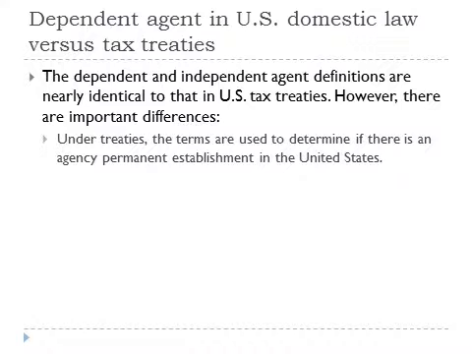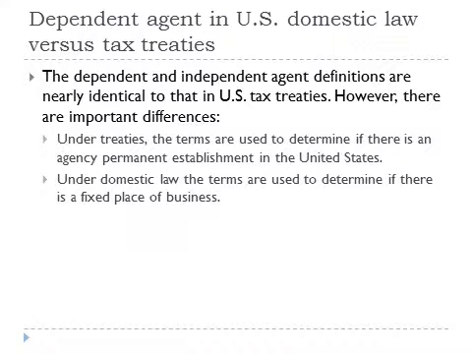Under tax treaties, the terms are used to determine if there is an agency permanent establishment in the United States. Under domestic tax law, the terms are used to determine if there's a fixed place of business.